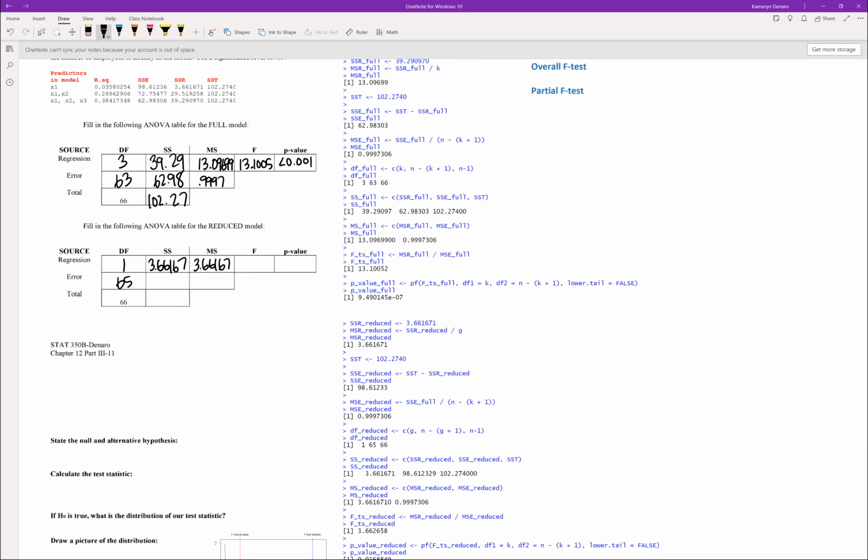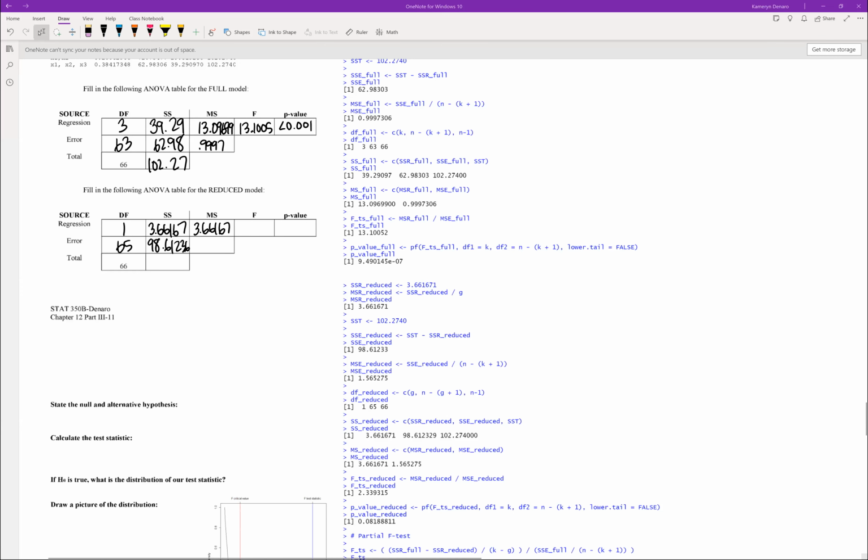Our sum of squares due to error in this case was 98.61236. And our mean squared error of our reduced model is 1.5653.